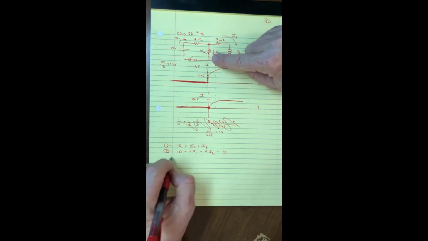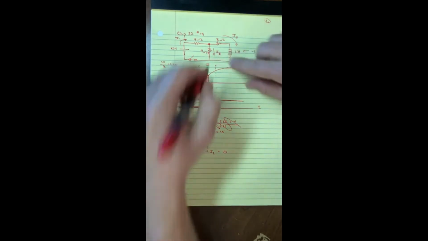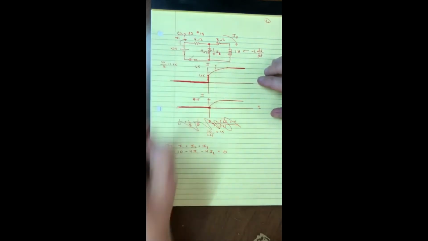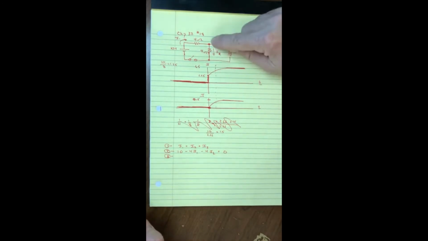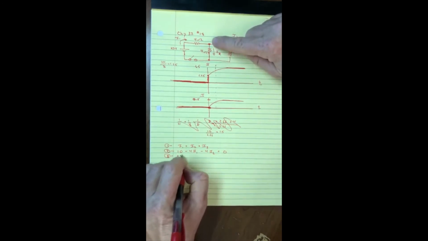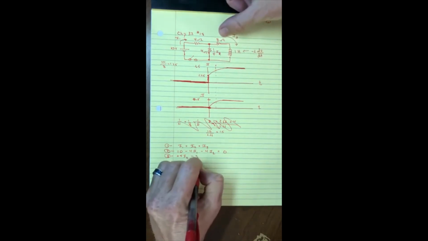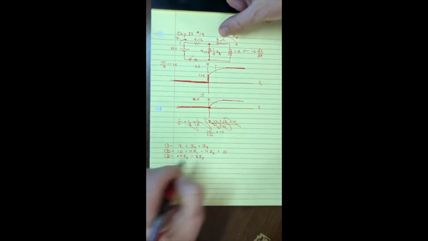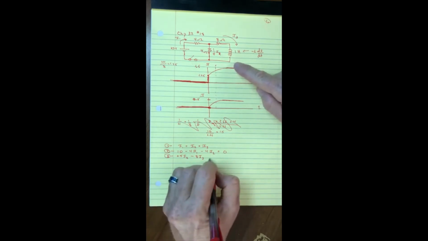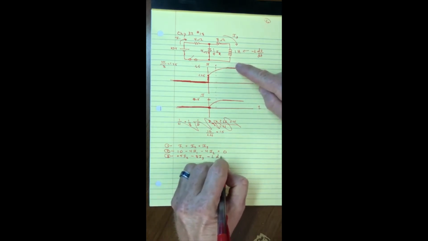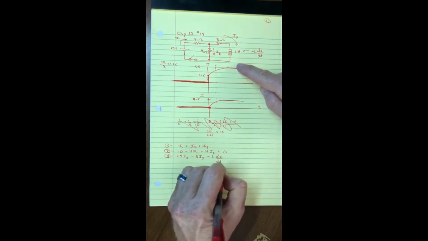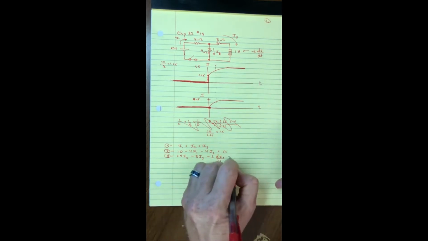Maybe I'll start down at the bottom here and go around clockwise. So I'd go against the current, so that's a plus 4I2 minus 8I3. And then there's the new piece, minus L dI3/dt, equals 0. So there are my 3 equations and 3 unknowns.